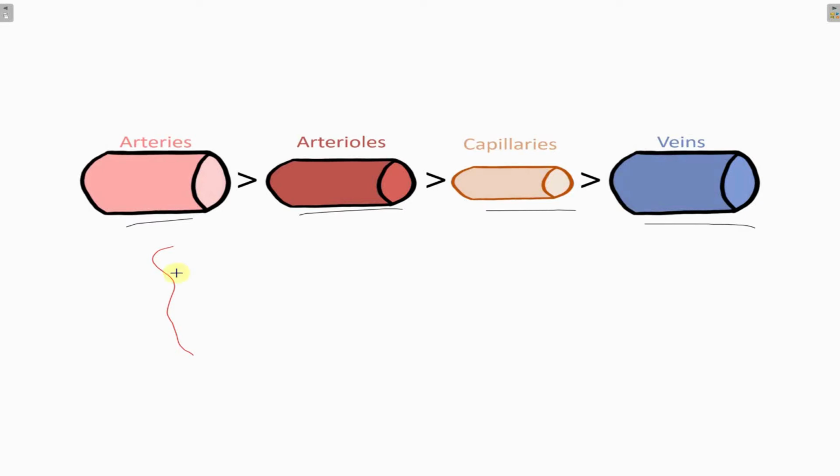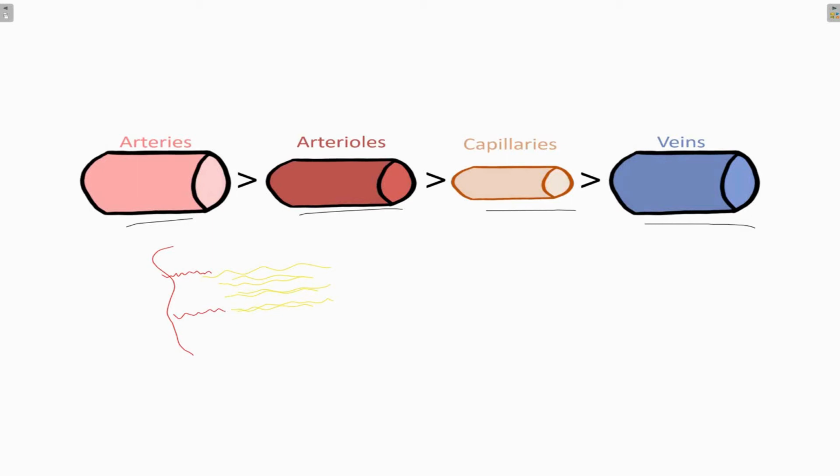Next you have arterioles, which branch out from the arteries. Then you have capillaries, the thinnest vessels in the body, which normally exchange oxygen and nutrients for carbon dioxide and waste material near the tissues.